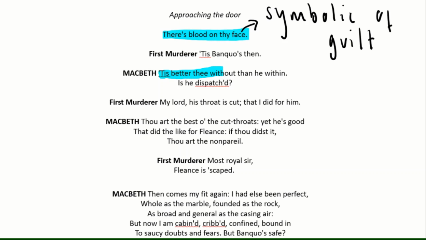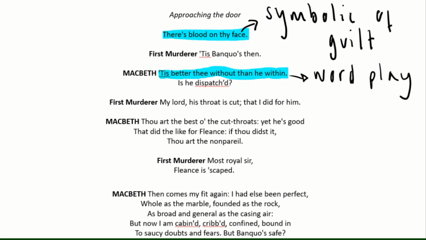This is where Macbeth reveals that he would rather the blood be on the murderer's face than in Banquo's body. "'Tis better thee without than he within." And there's some wordplay going on here. And often, when wordplay is a positive thing, it often hints at something quite light-hearted or jovial.